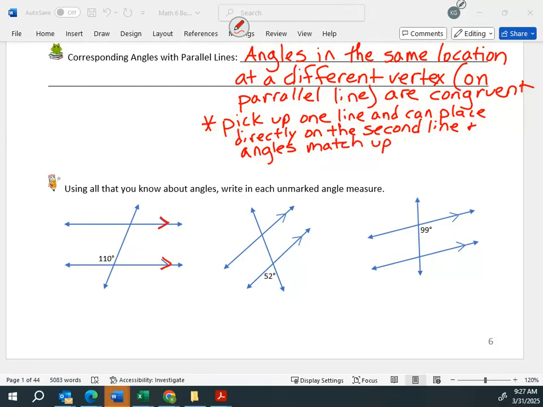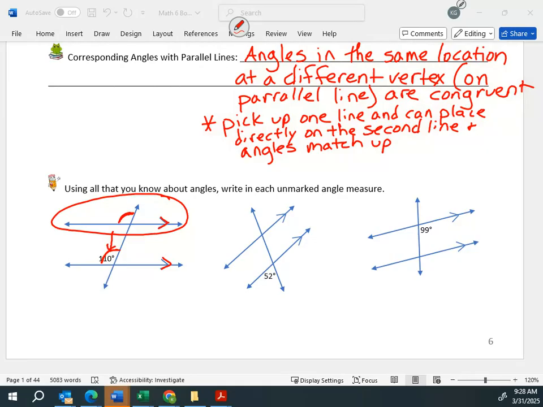So if we are looking to see if they are corresponding angles, I would take this line and match it up directly onto this line and see what each angle measures. So this angle right here would plop right down on that 110-degree angle. So I know that that angle is 110 degrees.